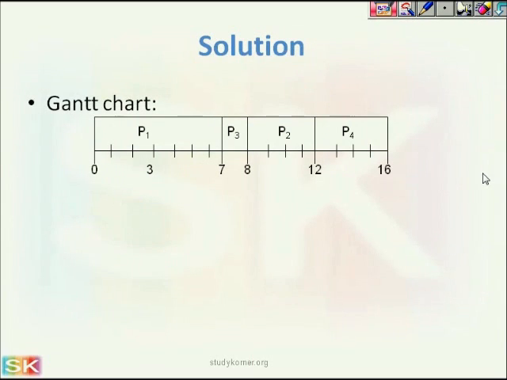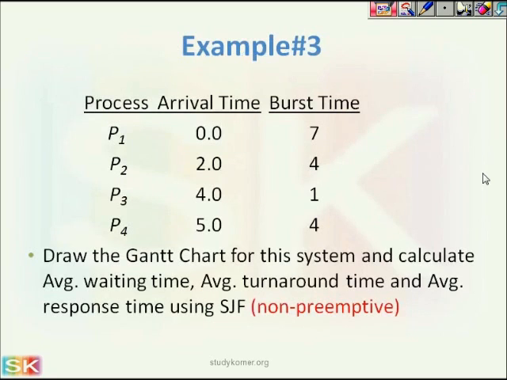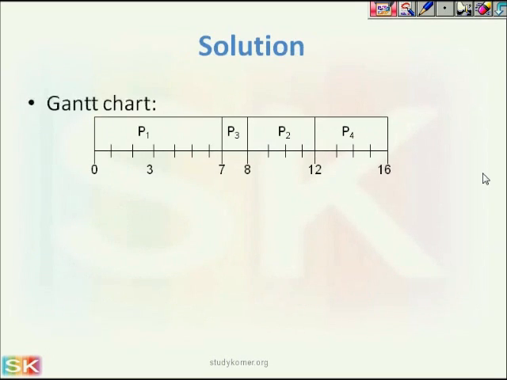So the Gantt chart of this given system can look like this, right? Now you can say that the burst time of P3 is the smallest, that is 1. So P3 has to execute first, but here we are executing P1 first.